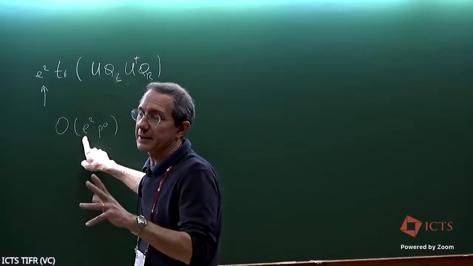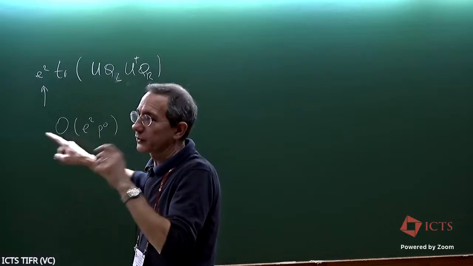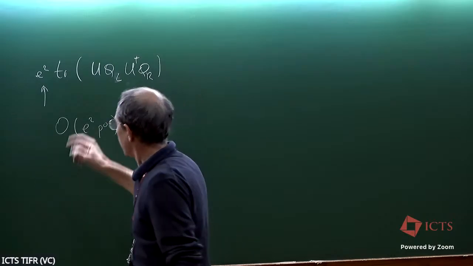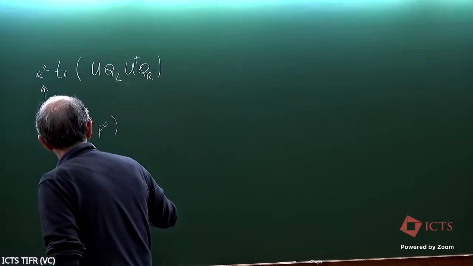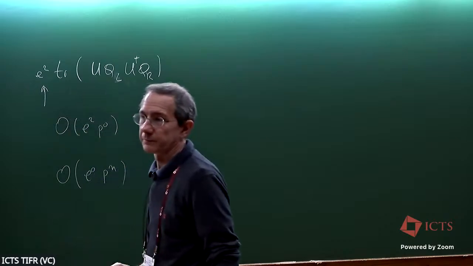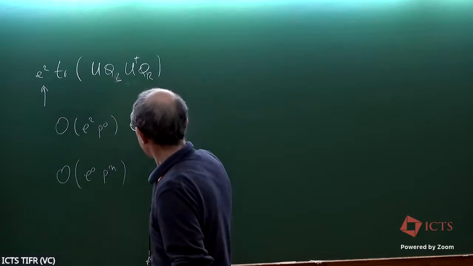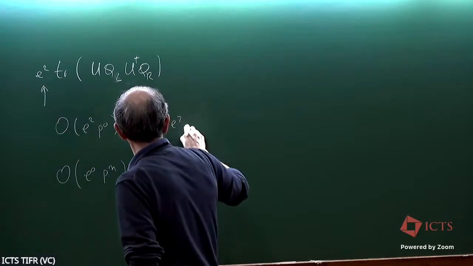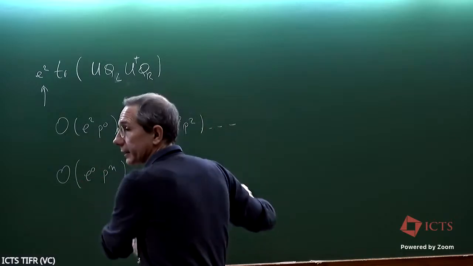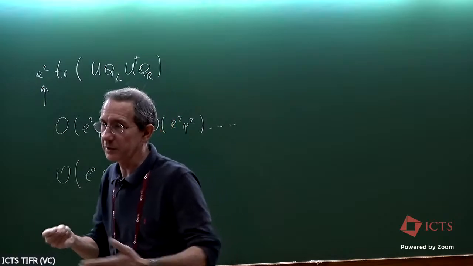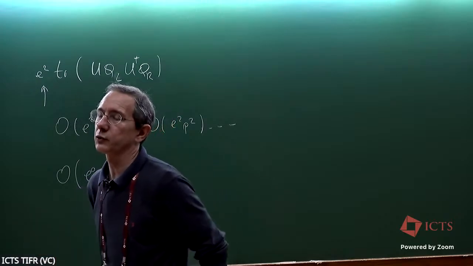And actually this is a different counting, which I cannot really mix with the normal one. All the other operators which I was considering there were O(p^n). Then you can go to O(e^2 p^2), and so on, and then you have a double expansion. Depending on what you want to look at, you have to choose.